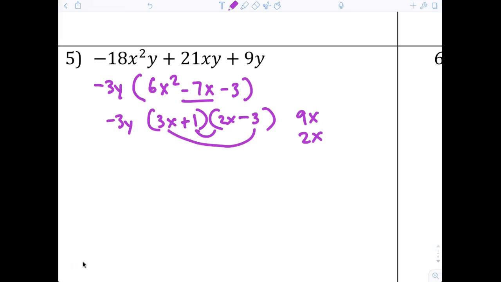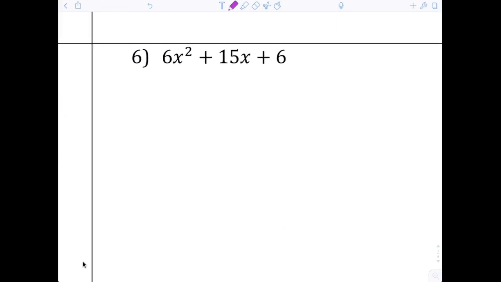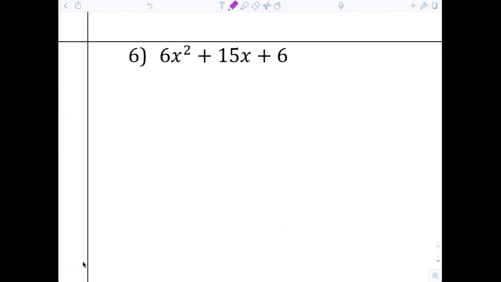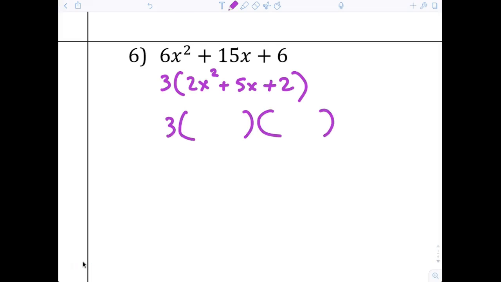All right, Avery, you ready? Tell me what to do. 3. Good. 2x. 2x, what? 2x plus 5. 2 what? Oh, wait. Squared. 2x squared plus 5x. Good. And then it'll be 2x and x.